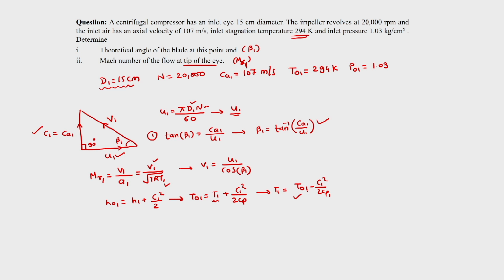So this is known. The axial velocity is known, 107. Cp is known for air, so this is constant, 1.005. Knowing these things, we know T1. So we know everything in this formula, and we can find out the relative Mach number at the tip of the eye of the compressor.